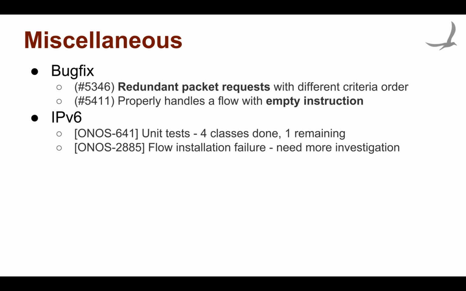If it's not specified, it will fall back to 6633 if it's unable to establish a connection on 6653. So that's probably a big change for people that are trying to connect controllers to switches. Hopefully they won't notice anything at first, but eventually we'll probably want to try to phase out the 6633 by default. So it'll always be a configurable option though.